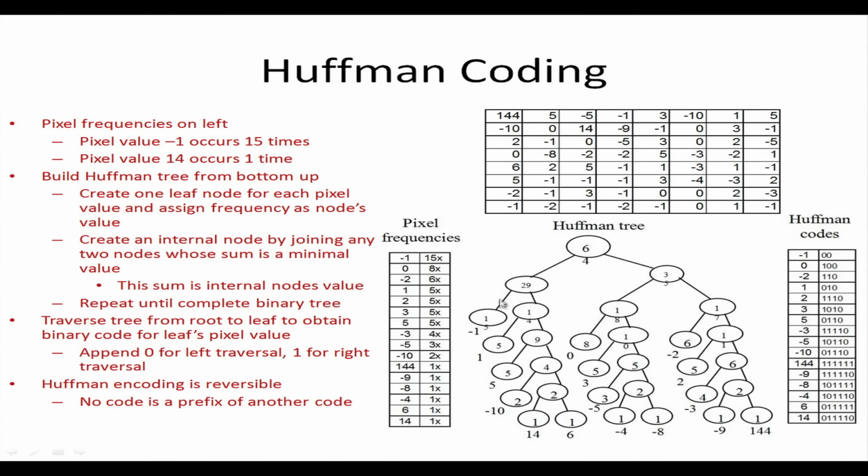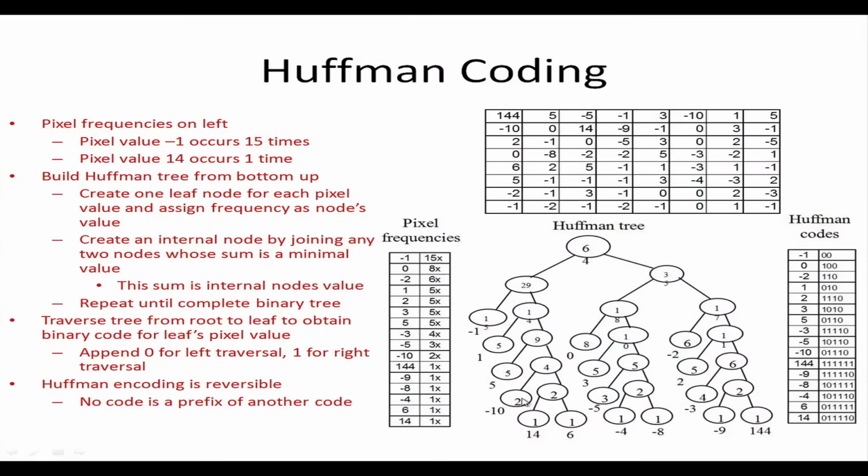So, I get the binary tree. I once again repeat how I got the binary tree. I take the leaf nodes. The leaf nodes are marked with their frequencies, and so I pair up two nodes and make an internal node, such that it is a minimal combination. Okay.